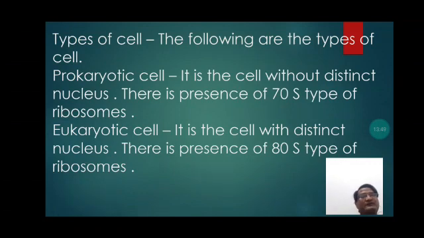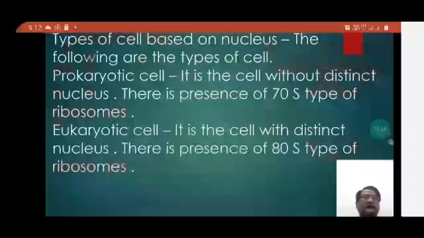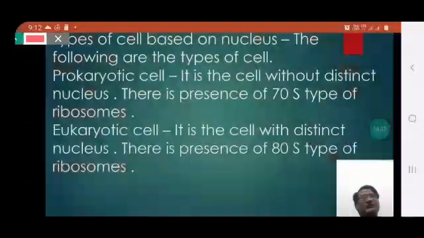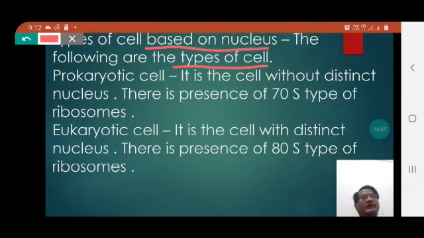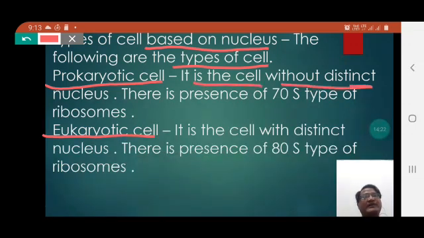Types of cell. The following are the types of cell based on nucleus. So students, based on nucleus, cells are of two different types: prokaryotic cell and eukaryotic cell. Students, prokaryotic cell is the cell without a distinct nucleus.